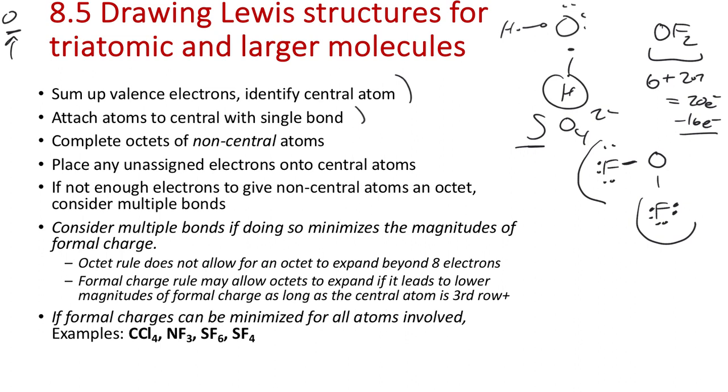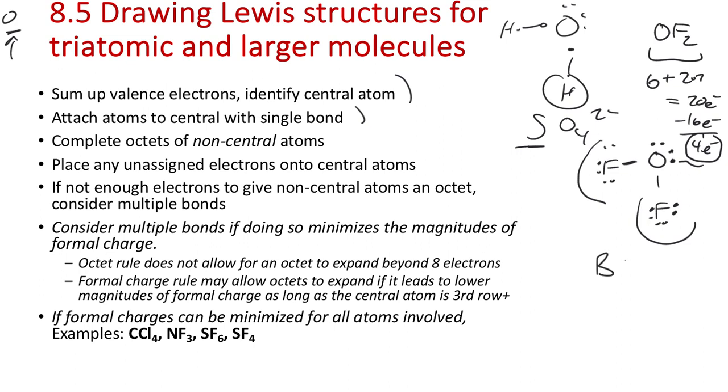If I had already distributed too many, I'd have to make multiple bonds, double or triple bonds somewhere. But that's not the case for this molecule. I actually have 4 electrons left over that haven't been assigned. Any unassigned electrons are placed onto the central atom. That's how we know to place electron pairs onto a central atom: there are electrons left over in the process.